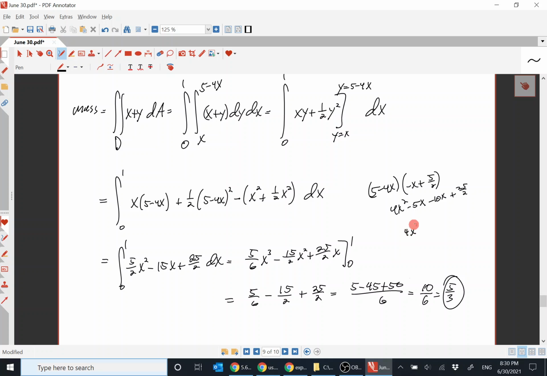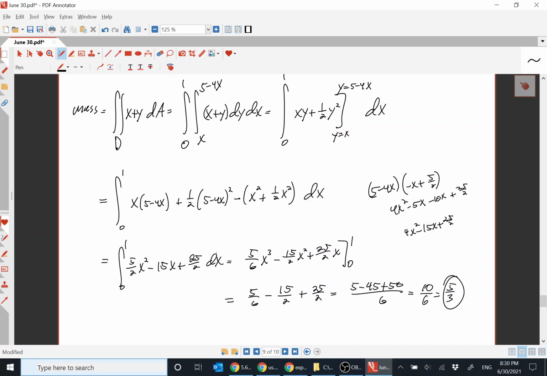So 4x squared minus 15x plus 25 over 2. And then minus 3/2 x squared. So minus 1.5, so that's 3, so it's 2.5. That's what this is right here.